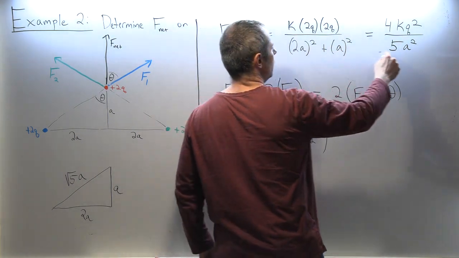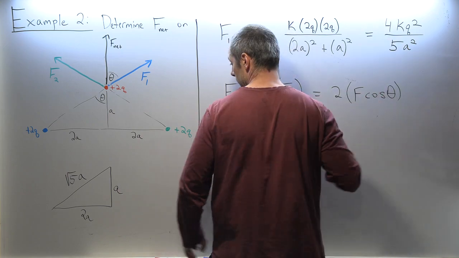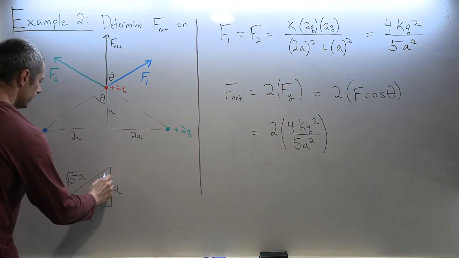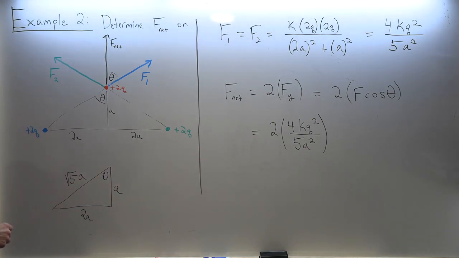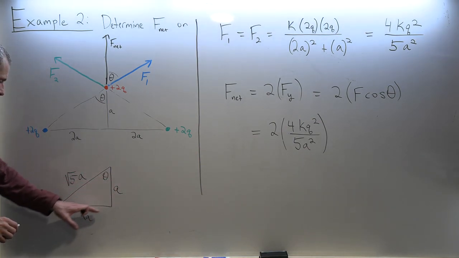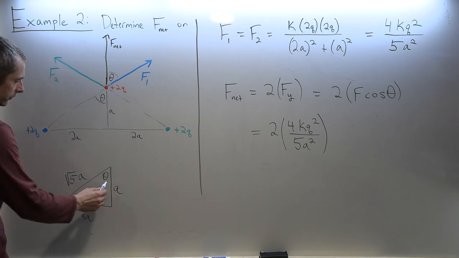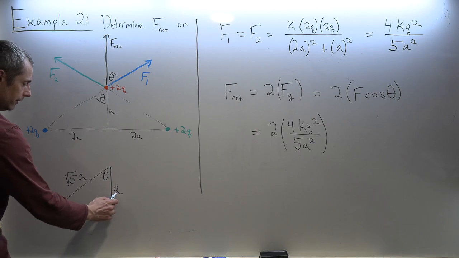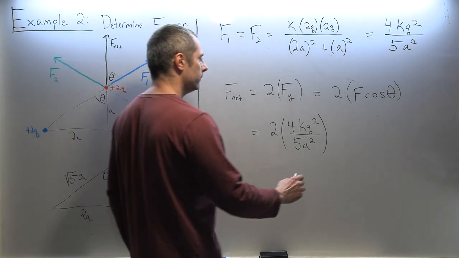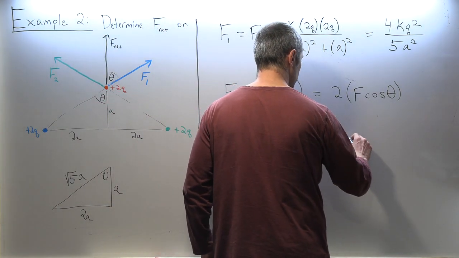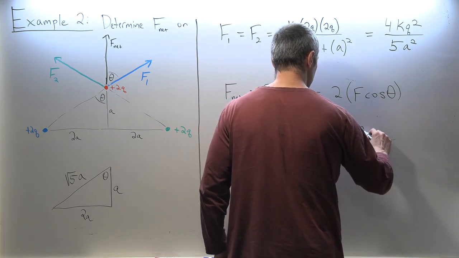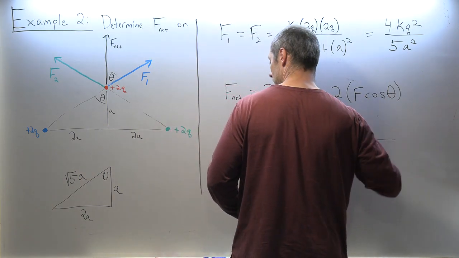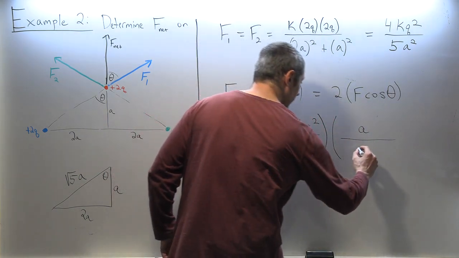A squared plus b squared equals c squared. So c is the square root of this. And so the cosine, looking at this triangle right here, is the adjacent side over the hypotenuse. So that's a over radical 5a.